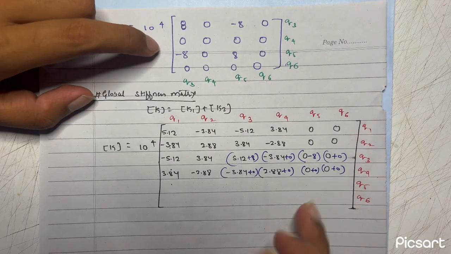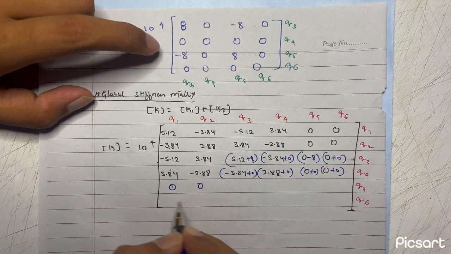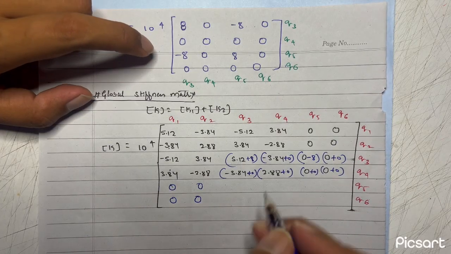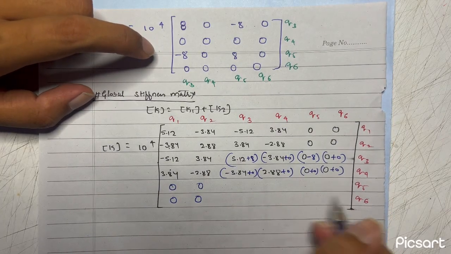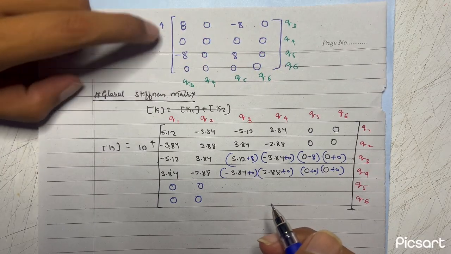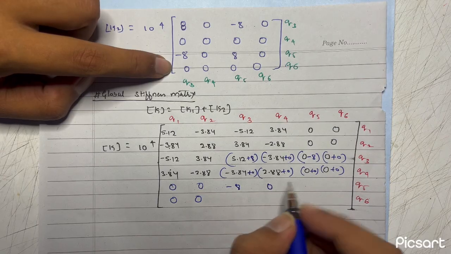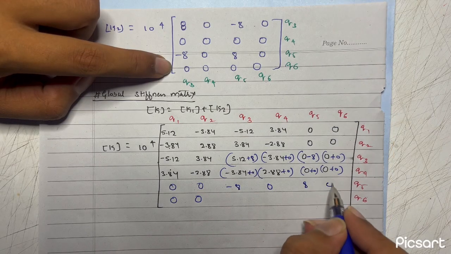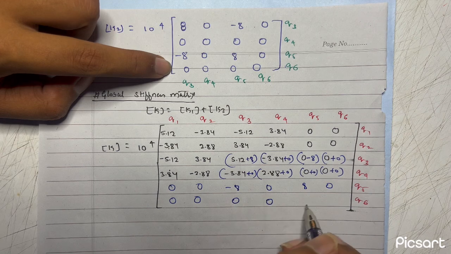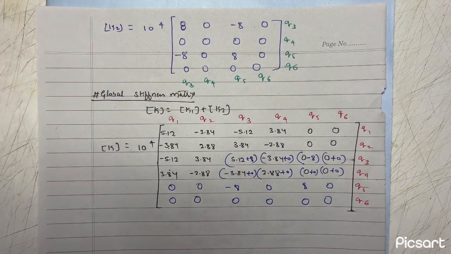Next, in Q5, Q6, in first element, in Q1 column, Q2 column, we don't have anything, I will write 0, 0. Okay, here Q5 row, Q6 row. In Q3, we have minus 8, 0, 8, 0, 0, 0, 0, 0. Now we have to add this and we have to write it one more time.